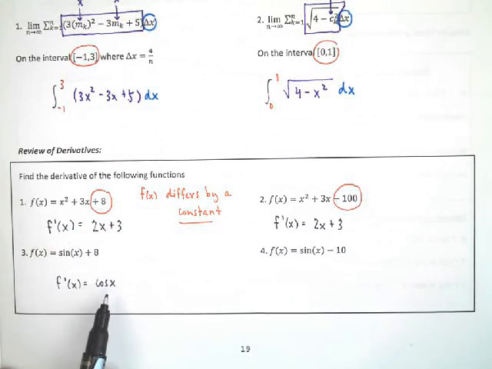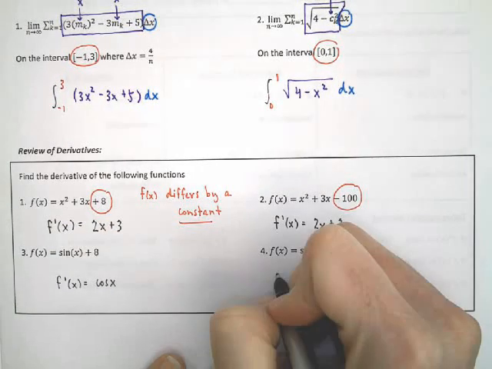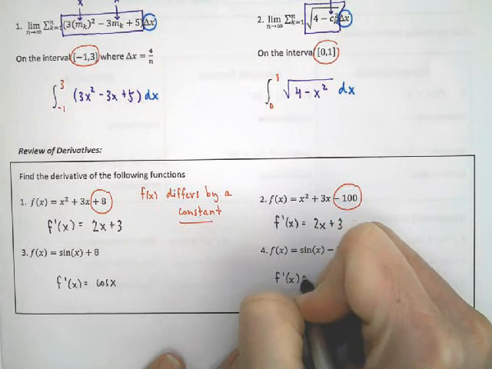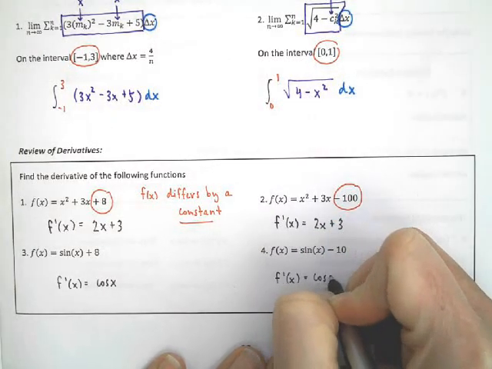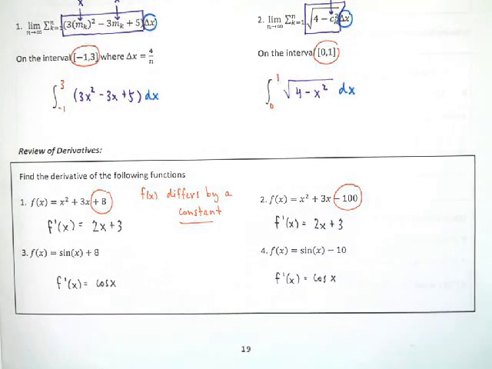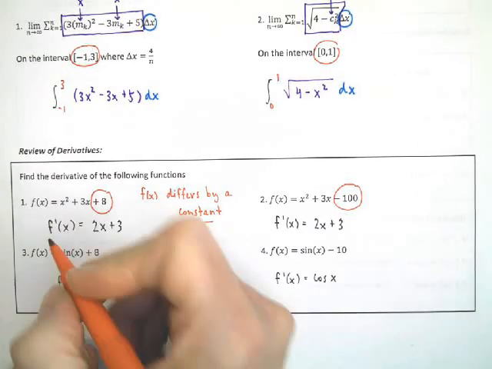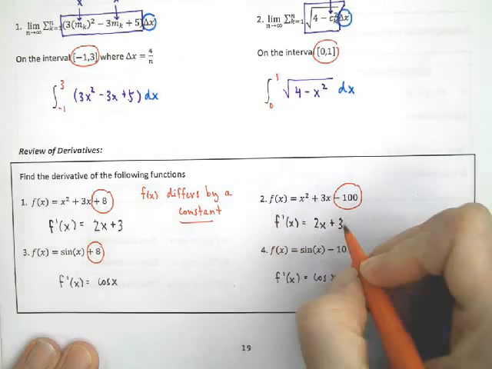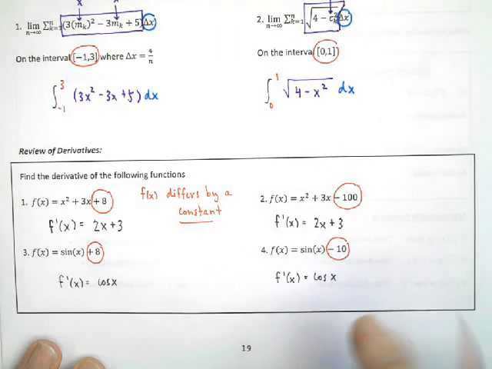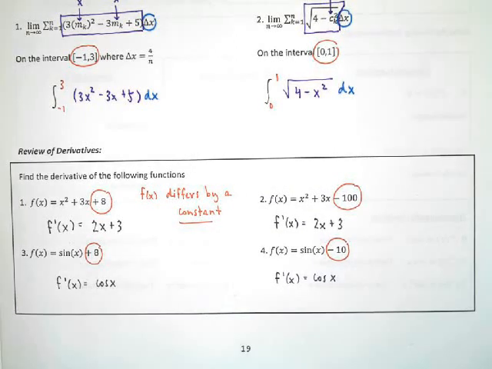Again, that 8 is going to drop out because its derivative is 0. Over here, again, I have cosine of x because that constant term drops out. So even though my functions differed by a constant, they're going to have the same derivative. And so that's going to be really important coming up here with what we're going to talk about on the next page.